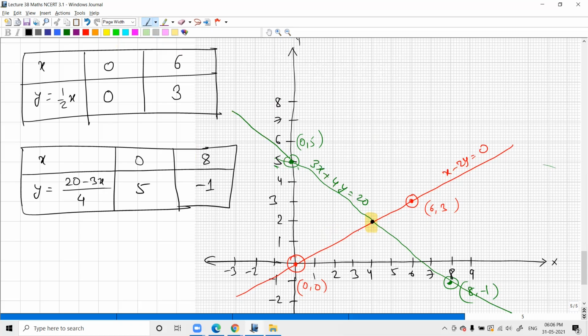So even though my graph is bad, still somehow we have managed to get 4, 2 as a solution. But on your graph paper, it will be exactly on 4, 2. Did the lines intersect exactly at 4, 2 for all of you? Yes, sir. Okay, that means your graph skills are good.